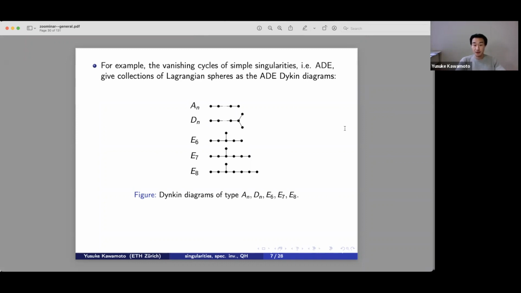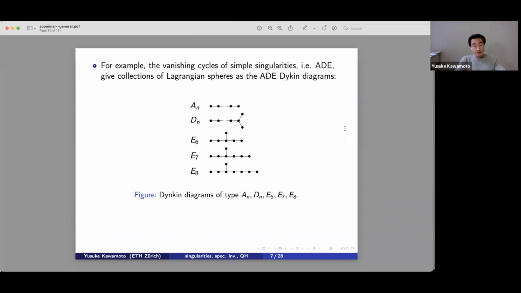So for example, if you have an A_N singularity, and you look at its vanishing cycle from the procedure that I explained earlier, you'll have N Lagrangian spheres sitting next to each other, and each one of them intersects the next one at one point.